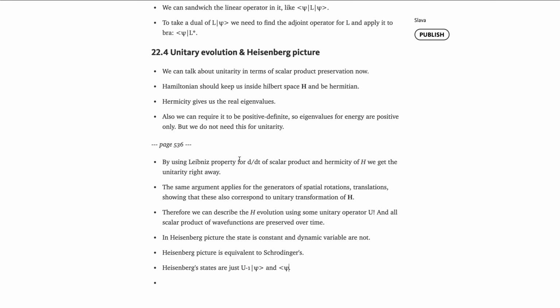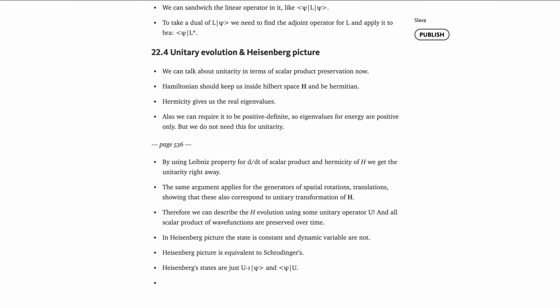So if you take the bra, it will be something like that, right? And do we need to take the adjoint operator of U minus 1 here? Yes, and this is where we use the fact that it's unitary. The adjoint of U inverse is just U. So it will be just like that.